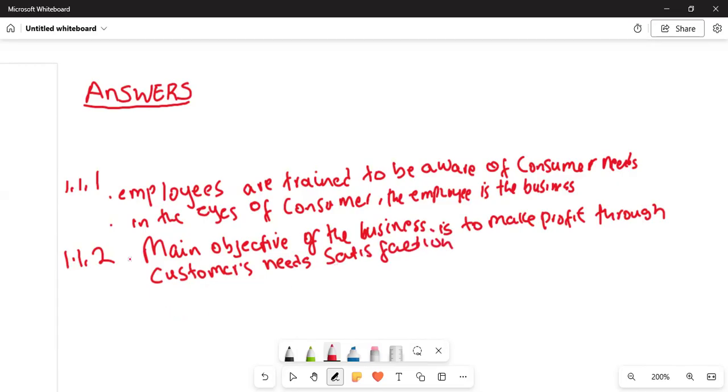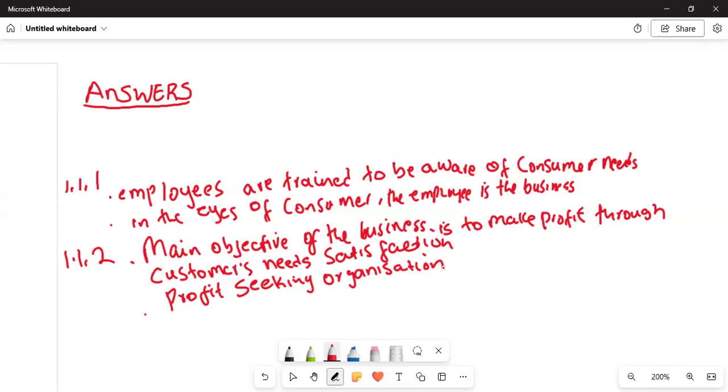So we are talking about a profit seeking organization. Profit seeking organizations strive for the highest possible profit within a certain span of time.